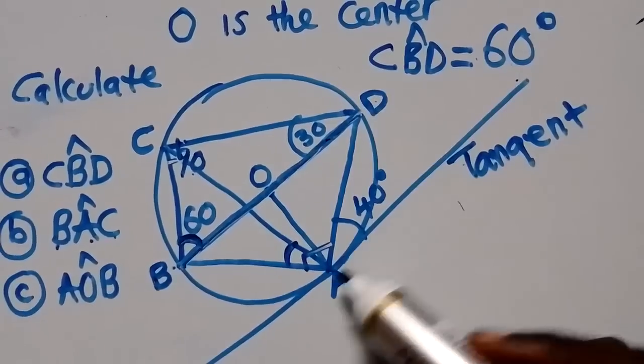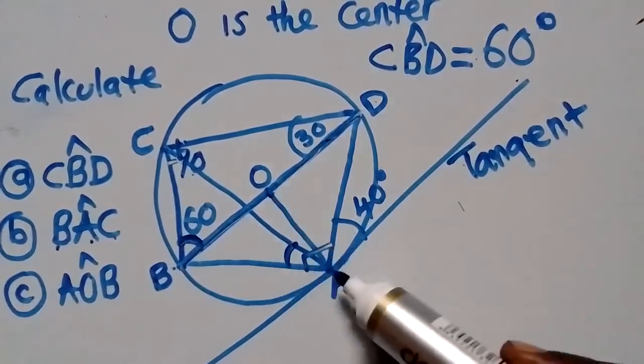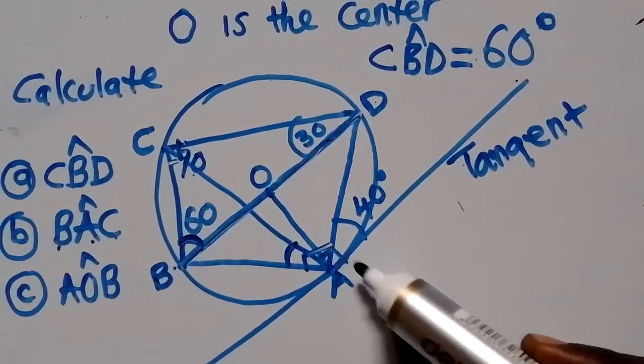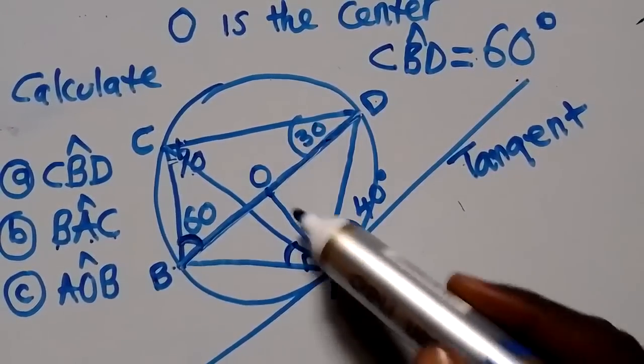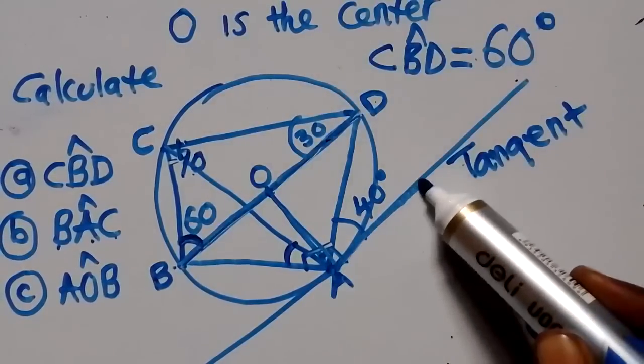So if this is a tangent, a line that comes from the center touches a tangent, it makes a 90 degrees angle. So here we've got a 90 degrees angle.